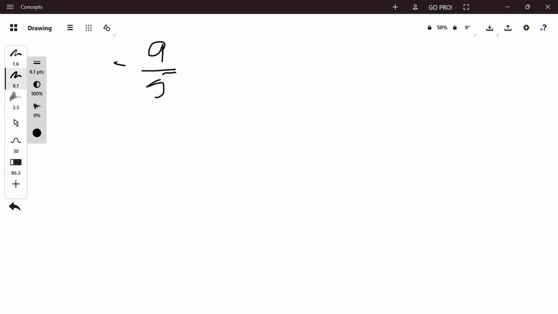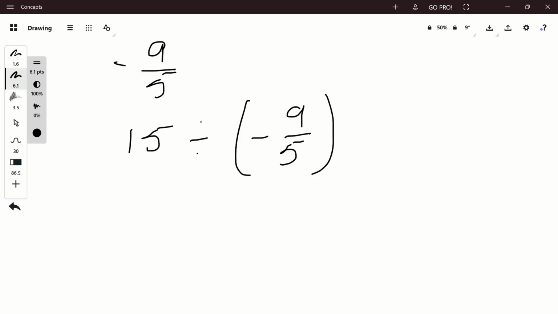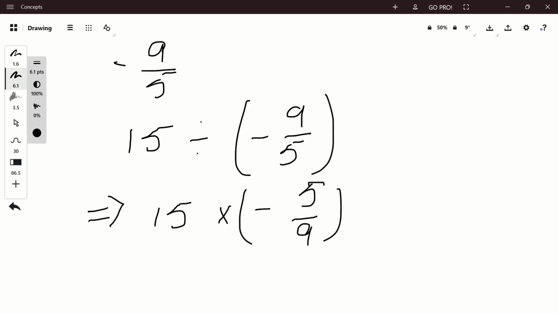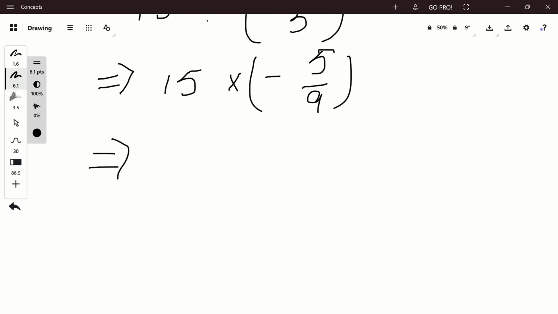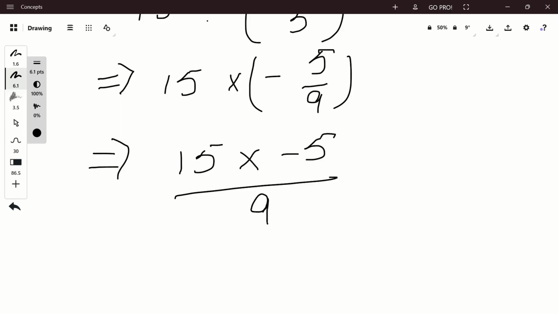Now, dividing 15 by the reciprocal, we have 15 divided by minus 9 by 5, which is equal to 15 into minus 5 by 9, that is minus 75 upon 9.